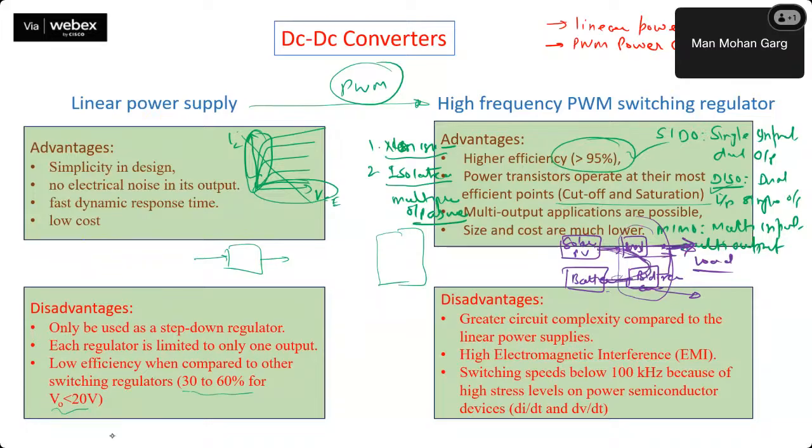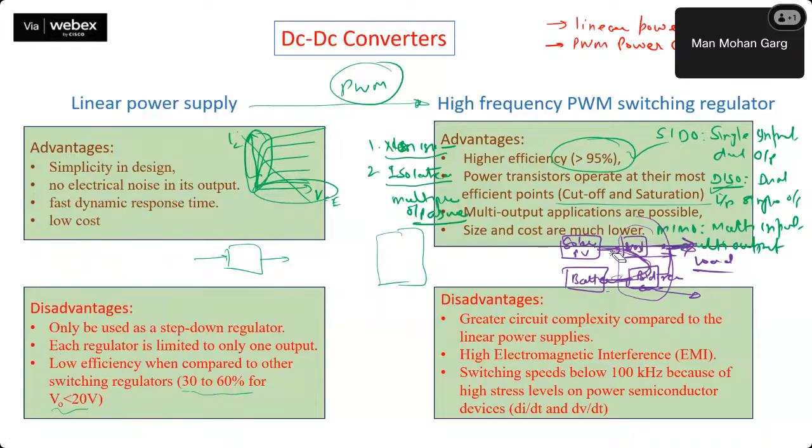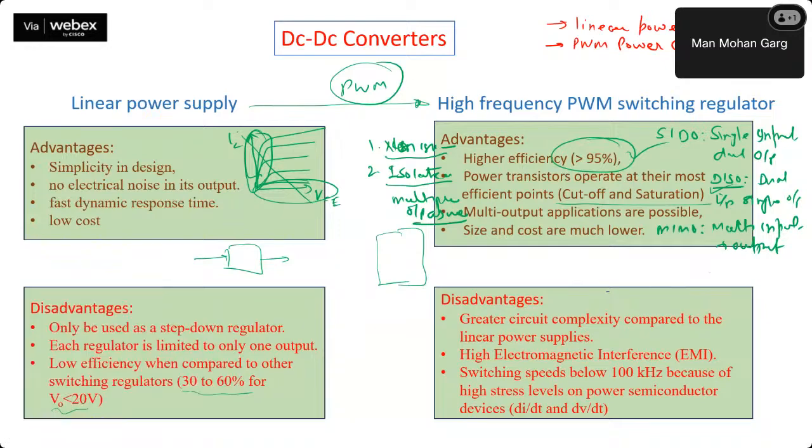So that is the way we need single input, multiple output converters. This is provided in the case of switching regulators, which are not there in linear power supplies.